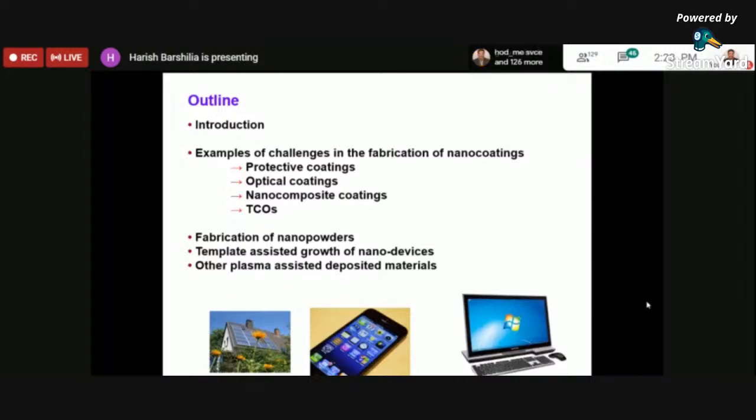Then fabrication of nano powders, then template assisted growth of nano devices, and some plasma assisted processes to develop newer kinds of materials. So this is my outline, and briefly, I'll also touch upon, as I mentioned, graphene and its derivatives, how they can be used for various engineering as well as aerospace applications.